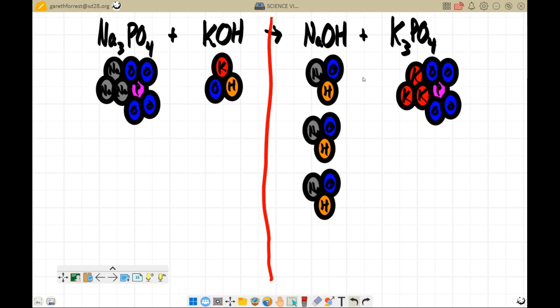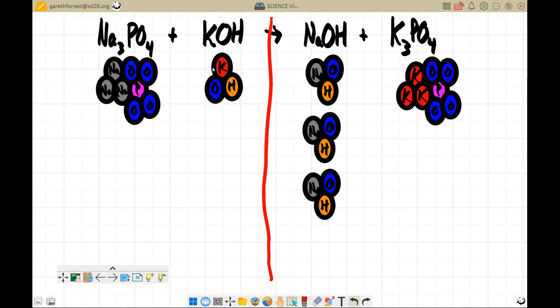And on the right side, we have 3 here and 4 here, creating 7 overall. So I do have 2 options for creating more oxygens. Either I can create another one of these molecules here, the Na3PO4, or I could create more of the KOH molecule and getting more oxygen from there.